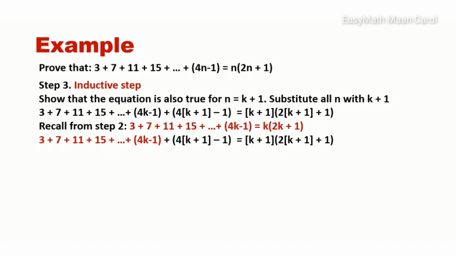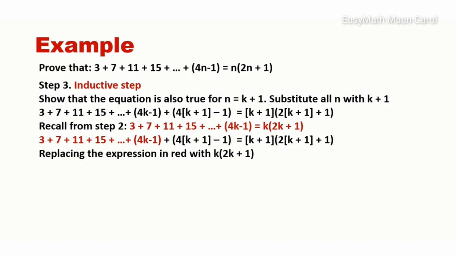So ano yung purpose ng ginawa kong red? Yung first part nung left side of the equation. Kasi later on, we are going to replace that expression para mas maikli kasi mahaba siya. So, replacing the expression in red with the value k times the quantity 2k plus 1. So, mag-iisip ka, saan galing to?